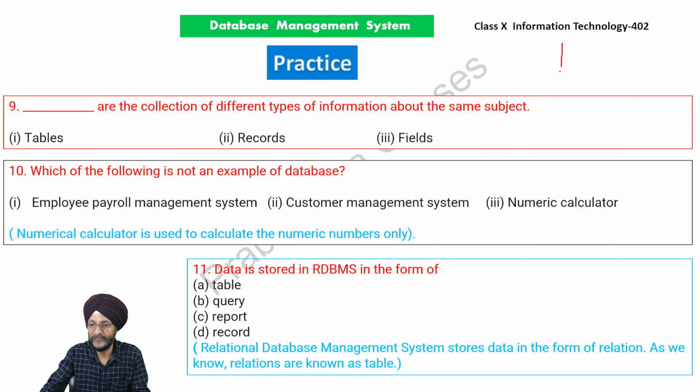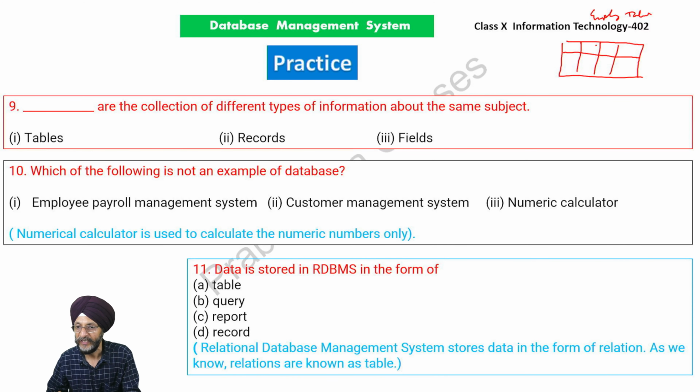Suppose we have this table. This is the employee table. Here we have all the information in respect of employees. So dash is the collection of different types of information about the same subject.